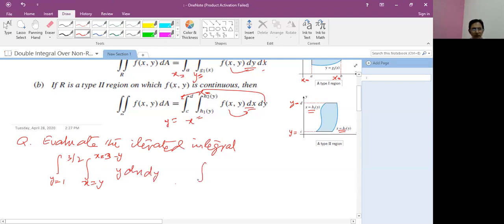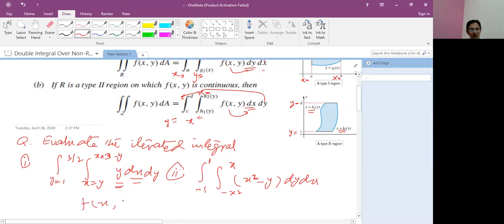Now the second integral is from minus 1 to 1 and minus x square of x to x square minus y, dy dx. So now student, in the first part, dx is multiplying the function f of xy.